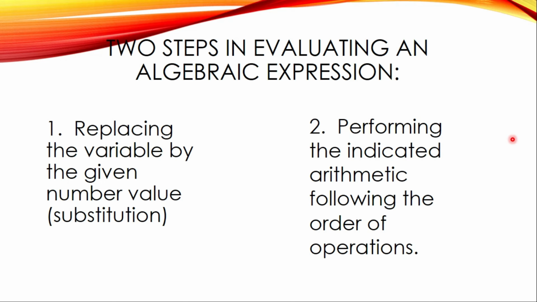The first one is replacing the variable by the given number value or substitution. And then the second one is performing the indicated arithmetic following the order of operations. When we say order of operations, these are your GEMDAS. GEMDAS stands for the groupings, exponent, multiplication, division, addition, and subtraction.